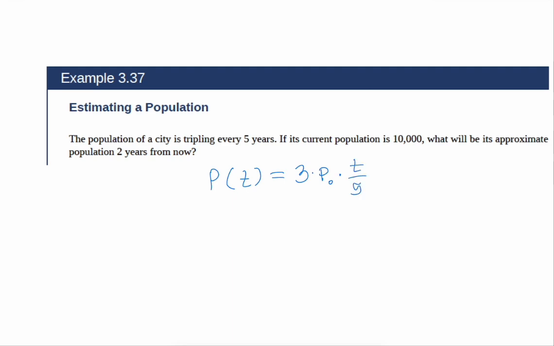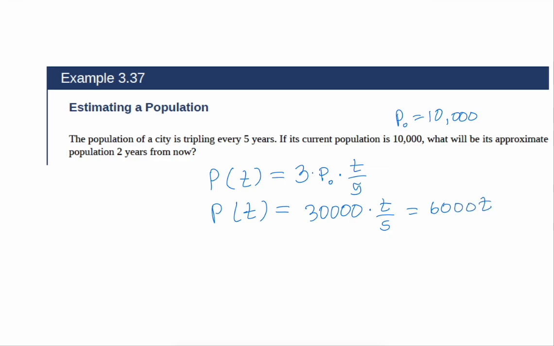Okay, so that would be just a general equation, where P sub 0 is your starting population. So they have told us that P sub 0 is 10,000. So let's put the 10,000 in there. So that's 30,000 times T over 5, which is just 30,000 divided by 5, or 6,000 T.